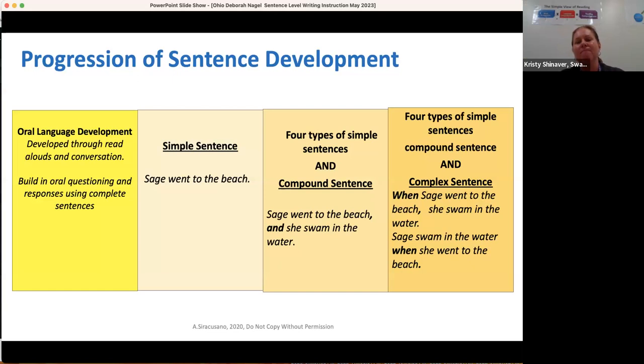And I think that's part of the reason why our kids are not writing as much as they should, or even with teachers knowing that that should be included in their instruction isn't always the case. Yeah, that's a good point, Christy.